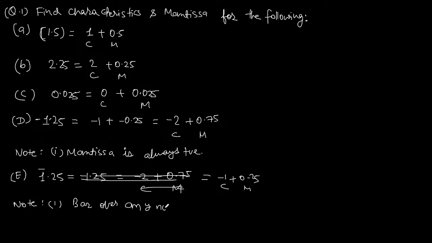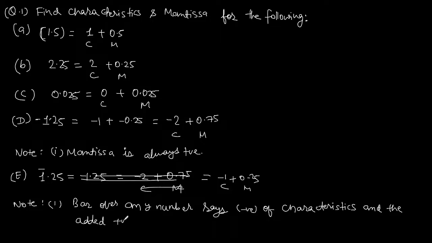Bar over any number says negative of characteristic, and then the added positive Mantissa. This is what we are understanding from here.